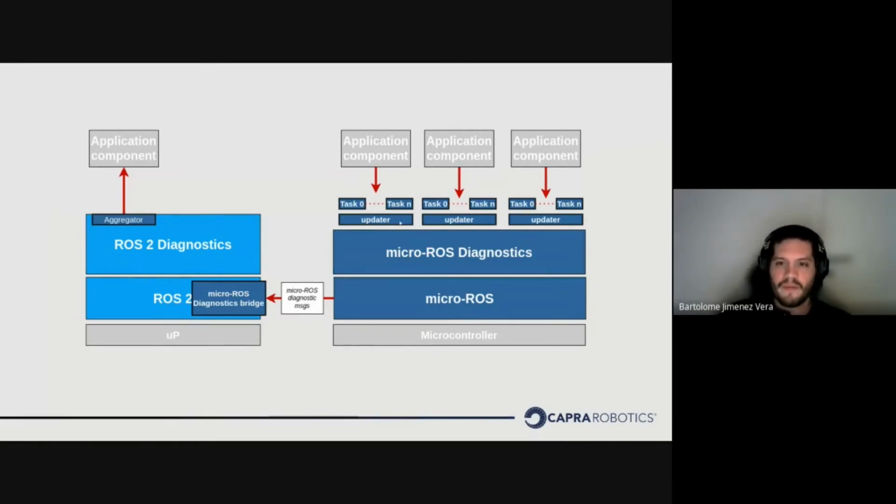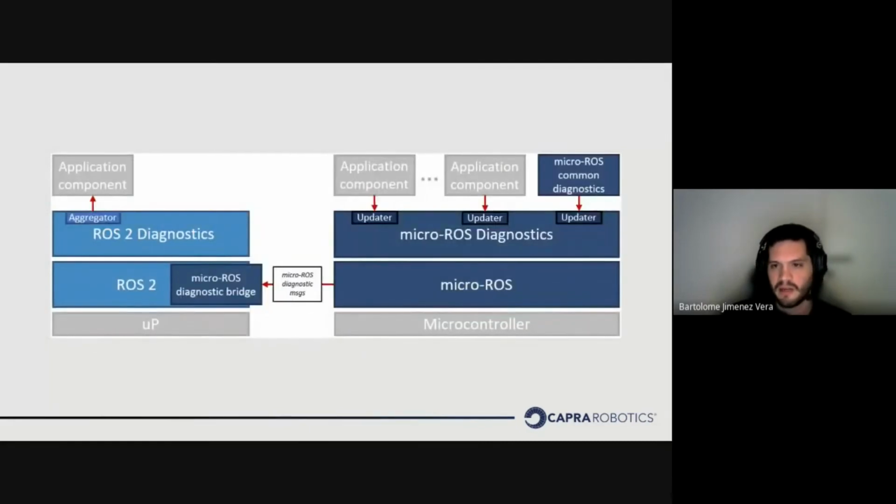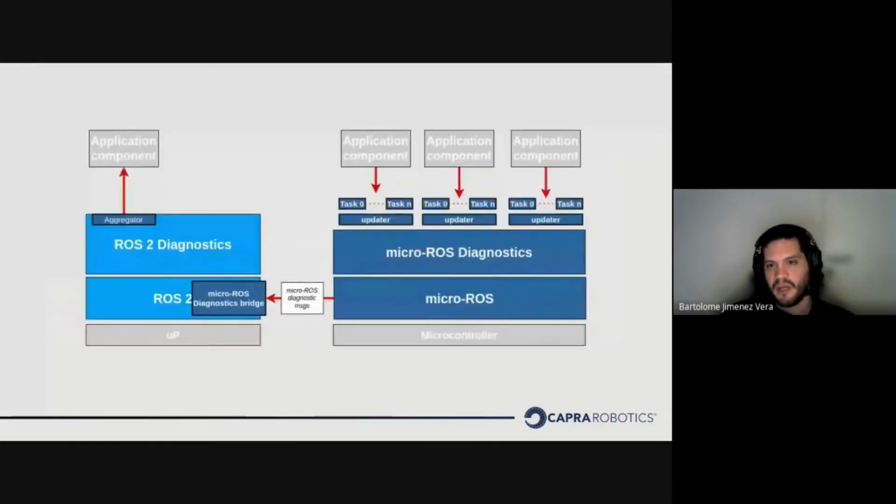That way you don't have to create more publishers, and you can just have n tasks or n application components that can talk through the same publisher. Because before it was 1-to-1 in this design, it was one task, one application. In this one, each task is one application component. So forgive me for the slide there.